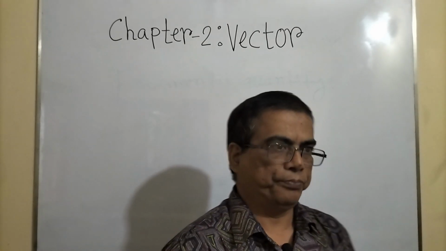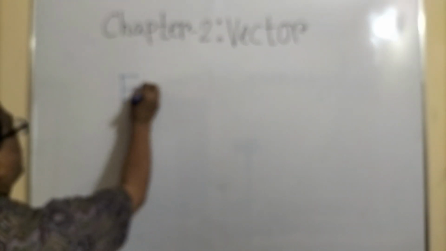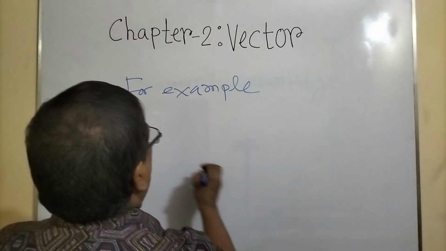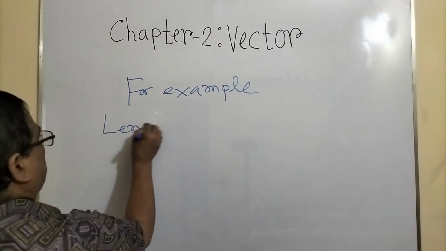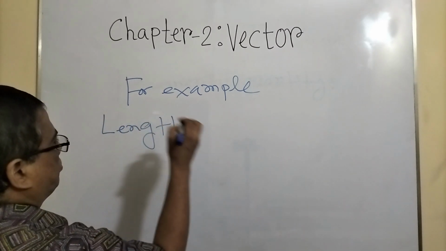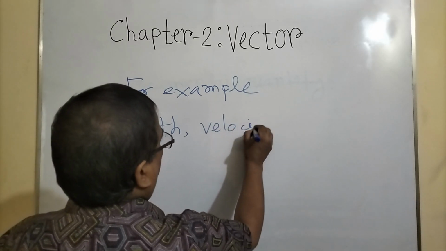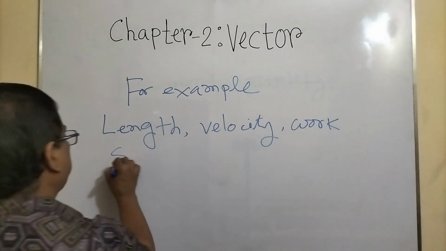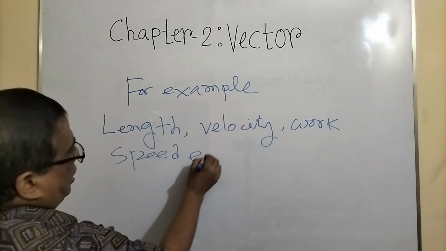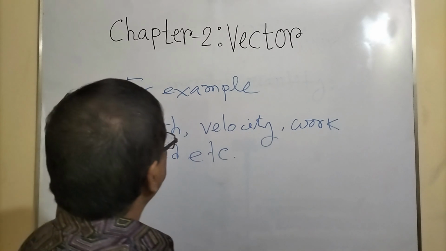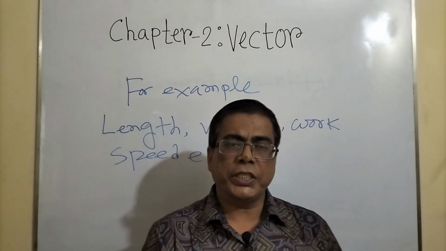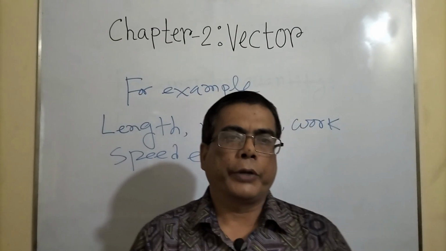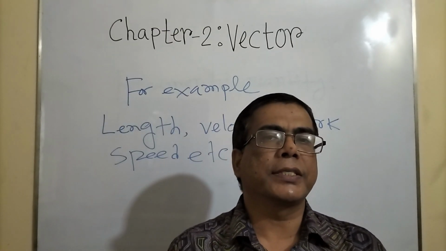For example, length, velocity, work, speed, etc. That is, whatever we can measure, whatever is possible to measure, and whatever we have learned to measure is a physical quantity.